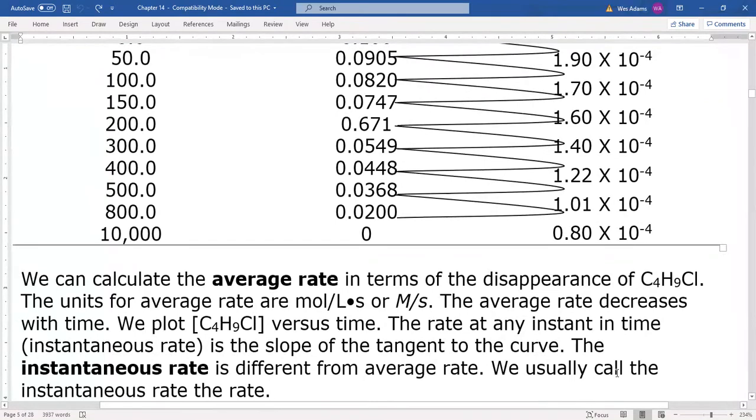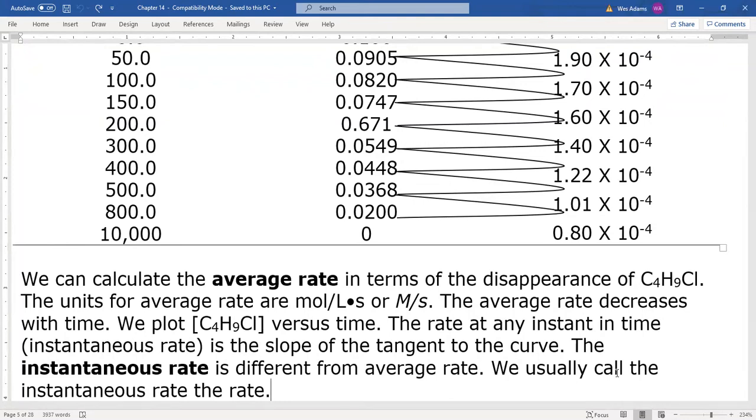The instantaneous rate is different from the average rate, and we usually call the instantaneous rate the rate right now, although the rate over some range of time is probably a bit easier to measure, at least initially, until you can get a graph going. You really need to get a graph almost going to get an instantaneous rate in many cases.